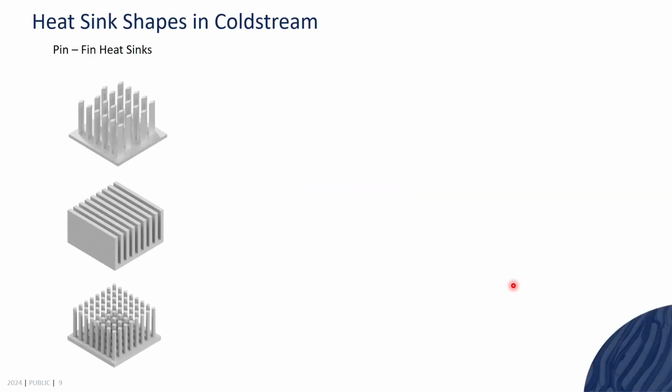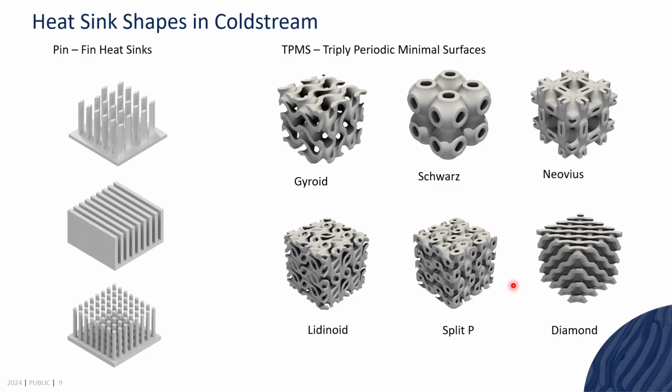So if you have used ColdStream earlier, then you already know that you have pin-fin heatsink shapes. They can be in different forms like diamonds, rectangles, circular pin shapes, or rectangular fin shapes. But we are very happy to introduce 6 new shapes, which we have already included: our TPMS, or triply periodic minimal surface, heatsink shapes are also now available for heatsink design and optimization.